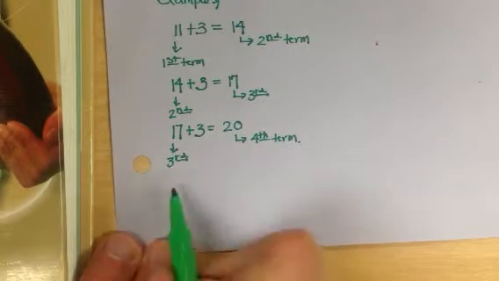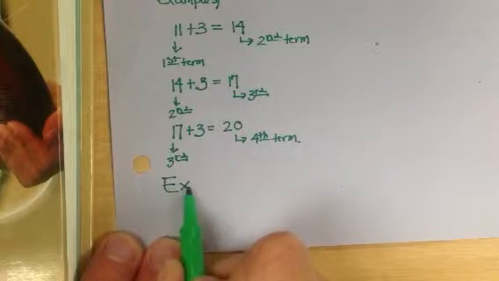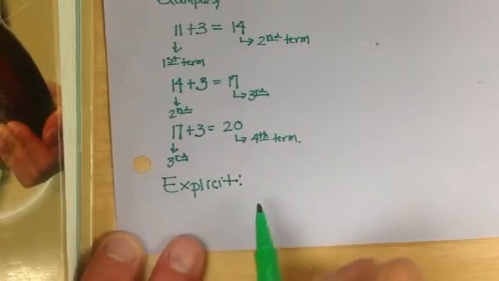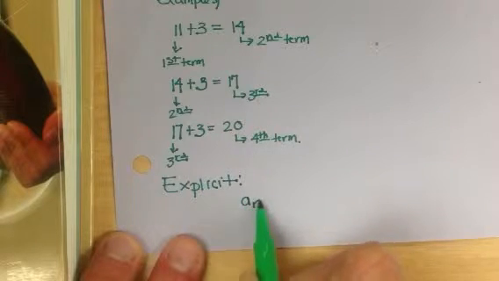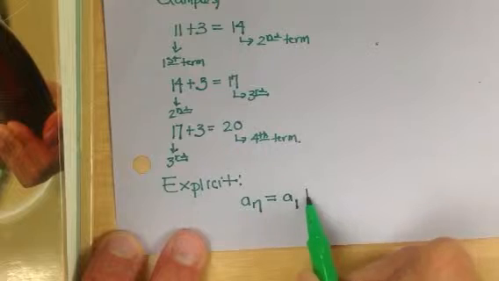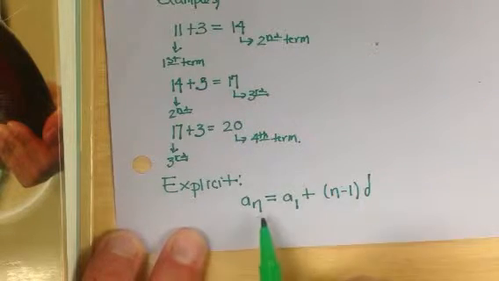The second type of formula for arithmetic is your explicit formula. And the explicit formula is a sub n equaling a sub 1 plus n minus 1 times d.